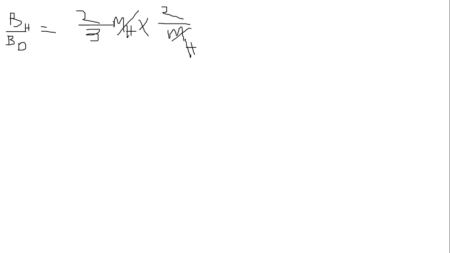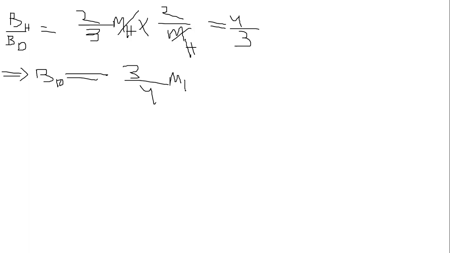So mH gets cancelled out, it will be 4 by 3. So Bd will be 3 by 4 Bh.